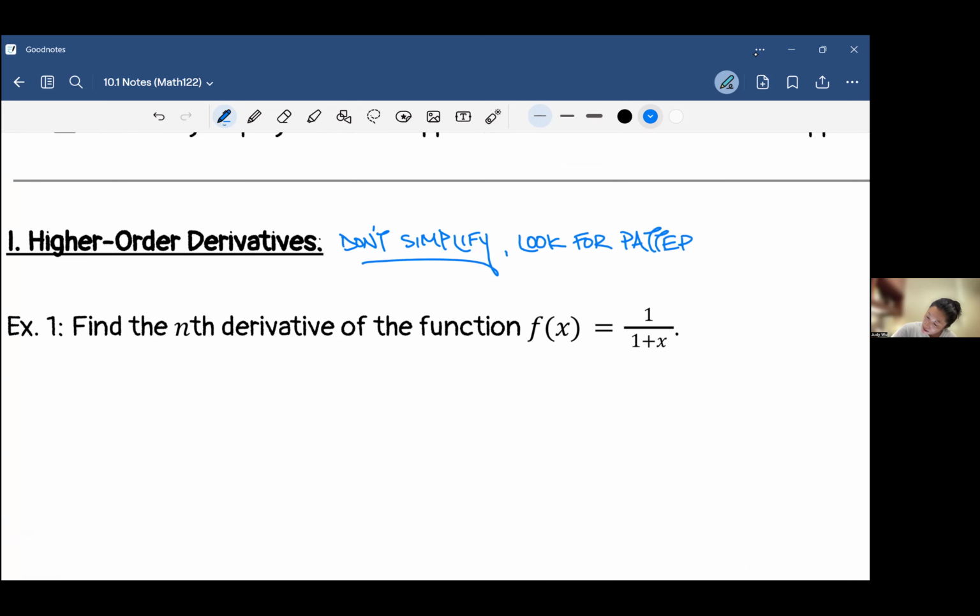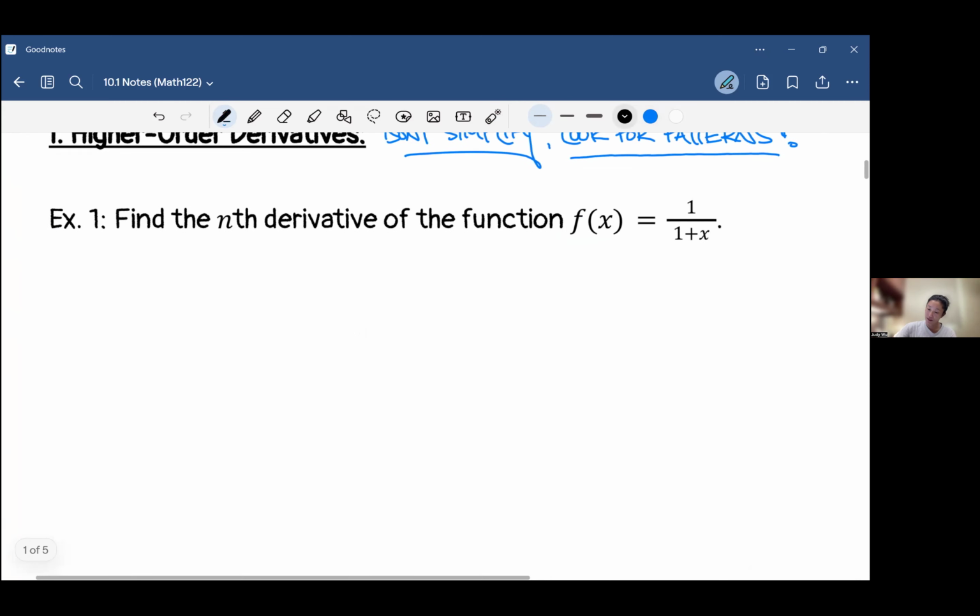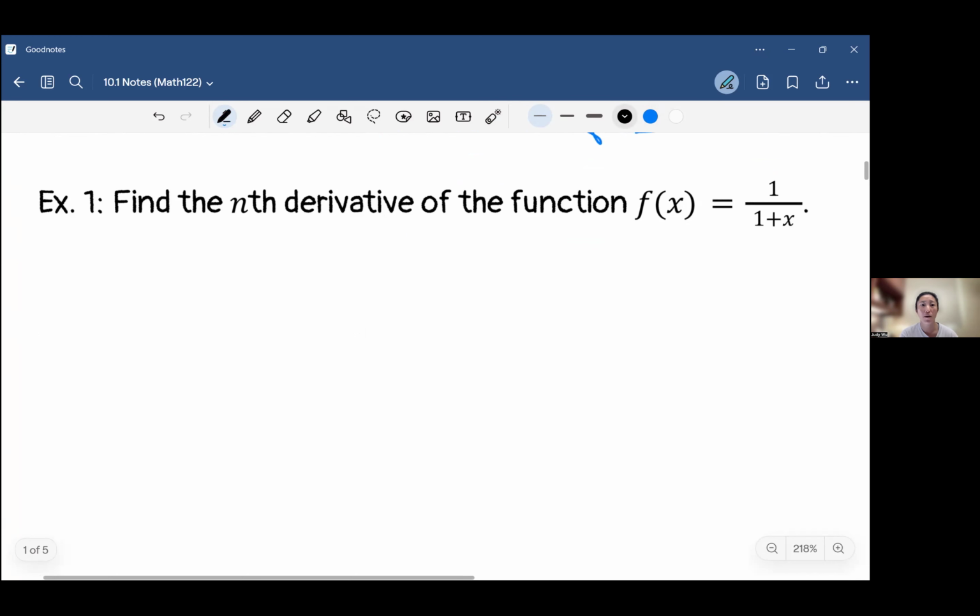This is the same advice that I would give you on your homework assignments. For a question that looks like what we're going to do right now for example 1 and example 2, I don't want you to simplify. I just want us to look for patterns because the patterns are going to be more useful at the end of the day to answer the question.